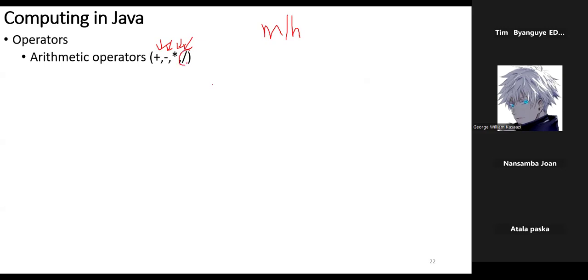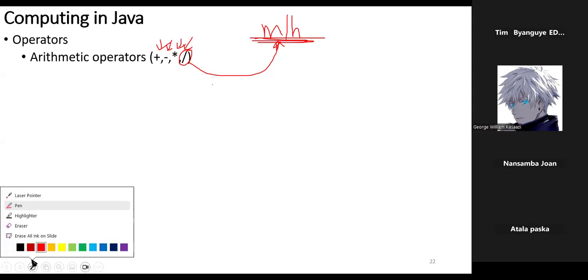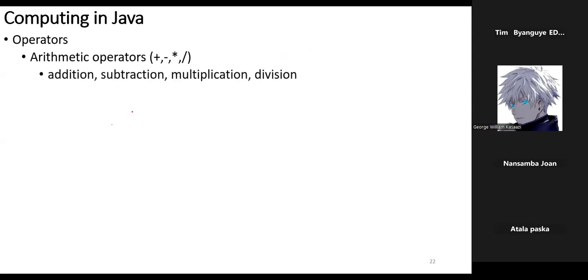Because the forward slash is a reserved operator in Java. It has a meaning, and for that reason you cannot use it there. Okay, so we go back here.